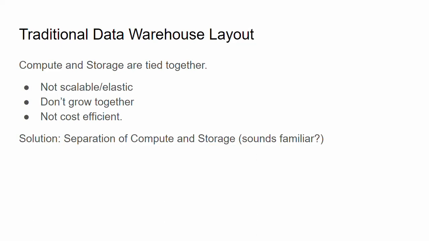So the solution, of course, is to separate compute from storage, right? I think by this time you have already heard enough about separation of compute and storage, and this is something we started talking about from the very beginning of this course, right?